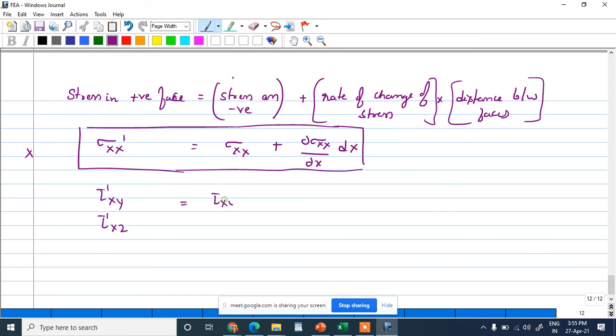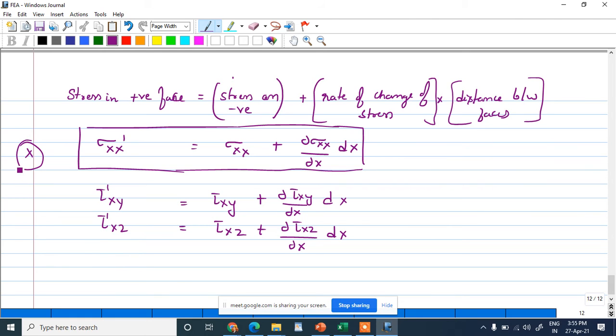The stress on the positive face will be tau xy, the shear stress, plus del tau xy by del x into dx. Similarly, this one will be tau xz plus del tau xz by del x into dx. So this is all with face x.